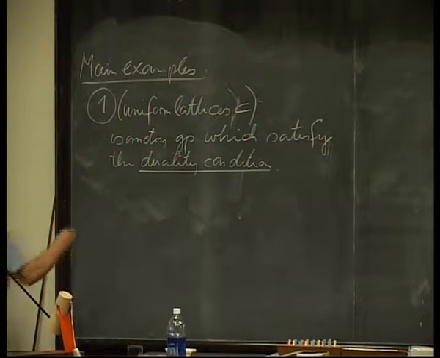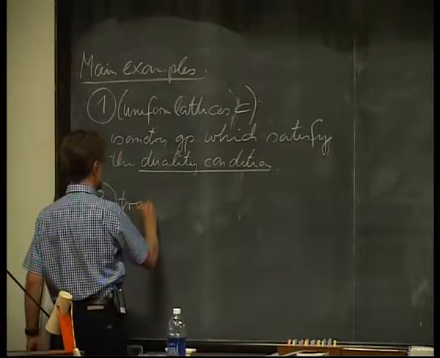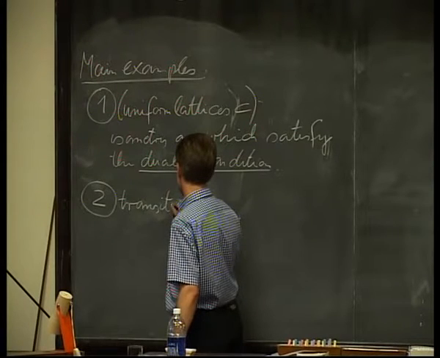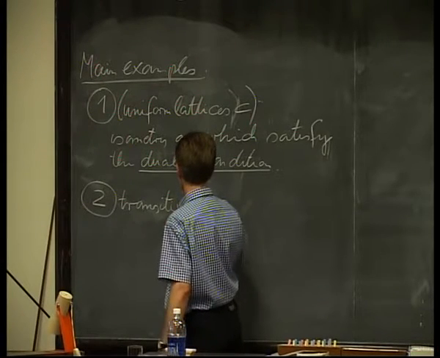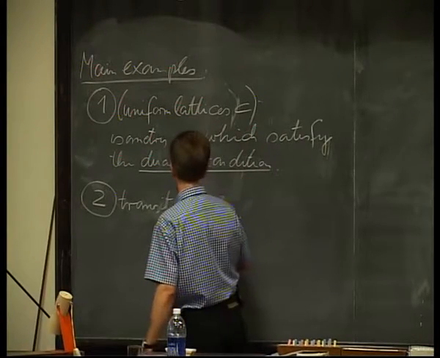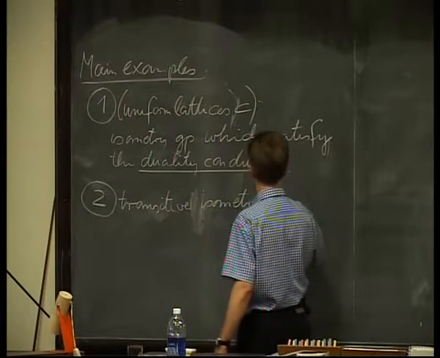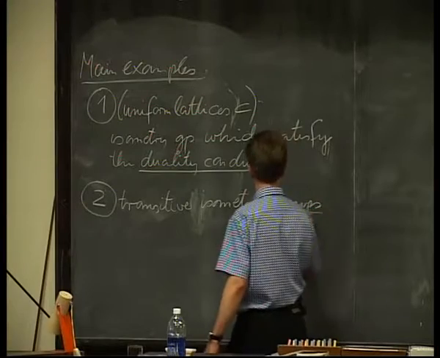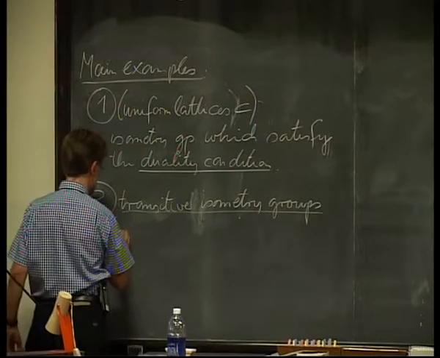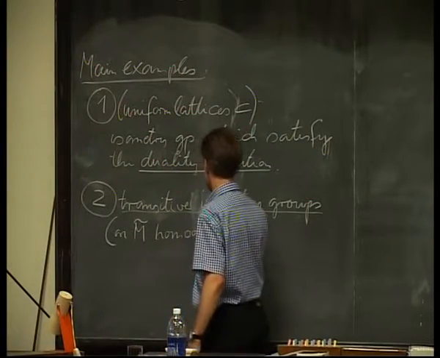And then secondly, of course, for certain M tilde you may have a transitive and therefore also co-compact group, transitive isometry groups. And in this case, of course, M tilde will be a homogeneous space of non-positive curvature.